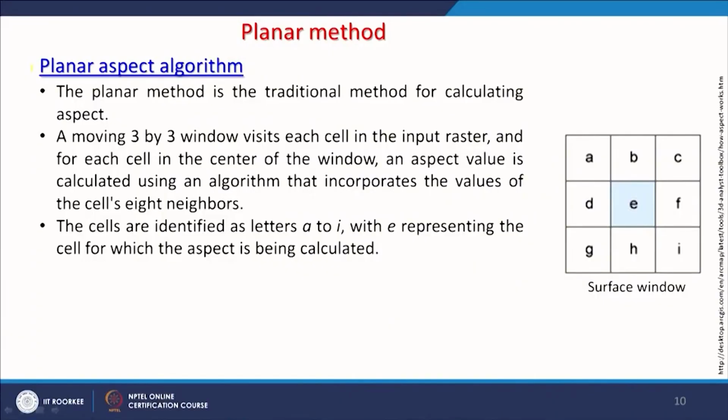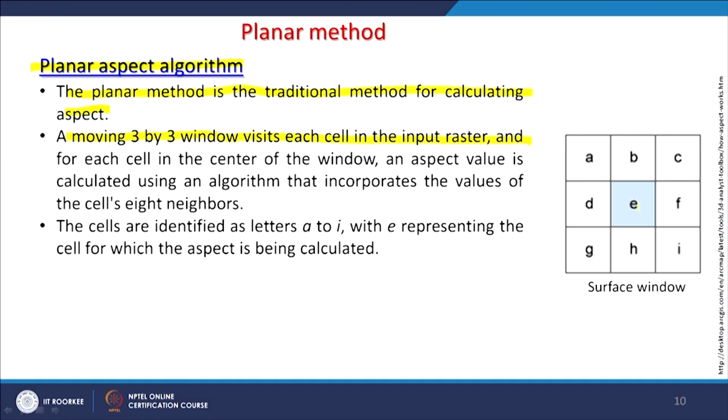Now, when we go for this planar aspect algorithm, this planar method is the traditional method for calculating aspect, but there are some other developments as well. The moving 3 by 3 window visits each cell in the input raster, and for each center cell, the aspect value is calculated using an algorithm that incorporates the values of each of the 8 neighbor cells.